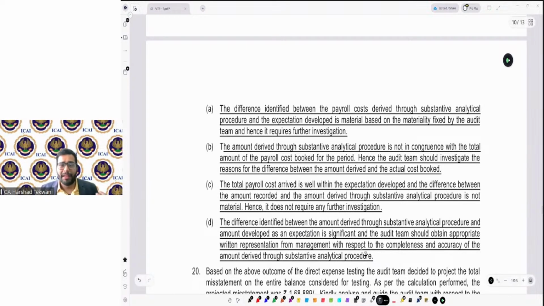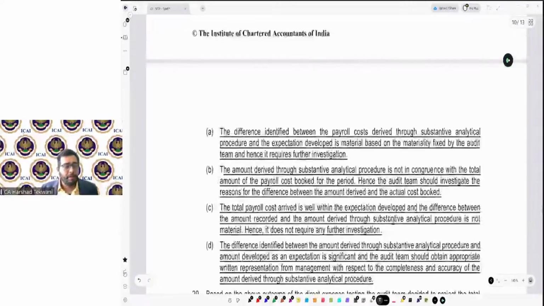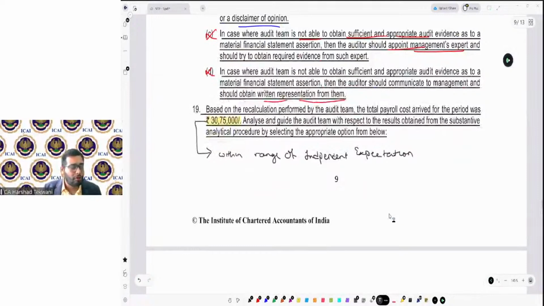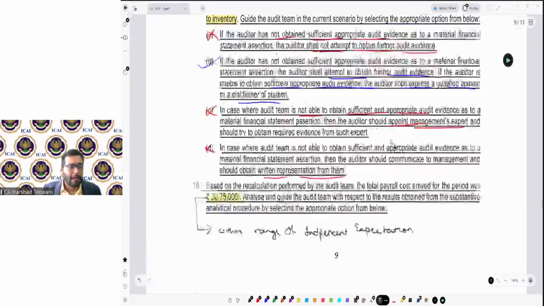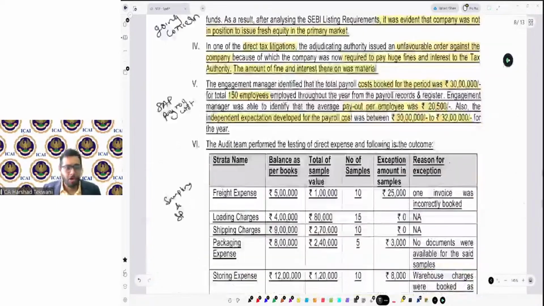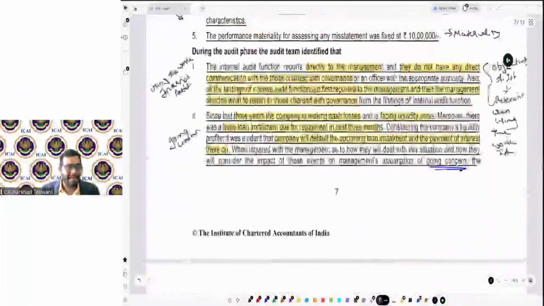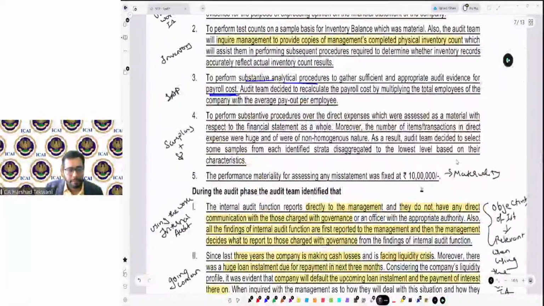Plus, the difference between the actual cost booked and the payroll cost calculated is below materiality. For example, I have come across a recalculation of 30 lakh 75,000. Actual cost booked was 30 lakh. So the difference is only 75,000, plus my materiality is 10 lakh rupees.